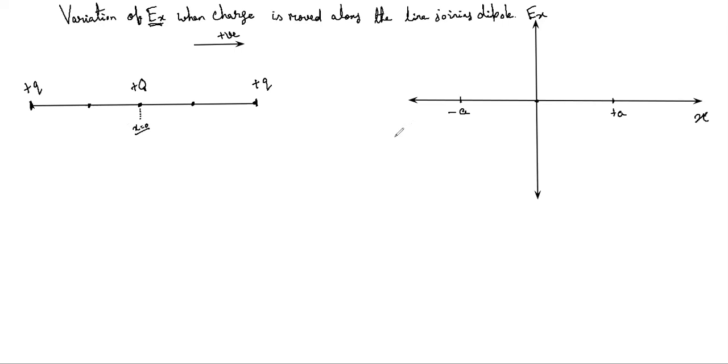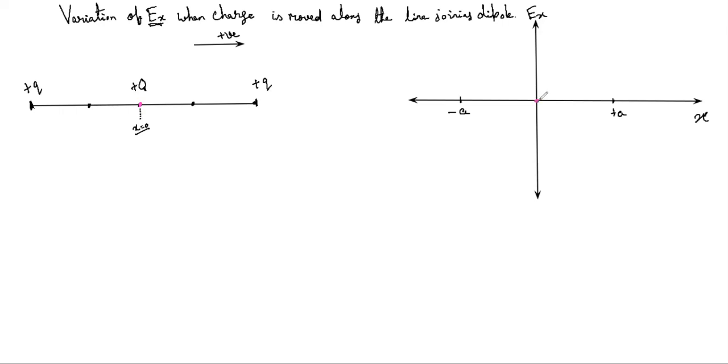Now, at this midpoint, where this charge is placed, what is the value of electric field? कोई बता सकते हैं? Electric field का value कितना होगा? Midpoint. Due to this plus q, the electric field will be towards the right, and due to this plus q, the electric field will be towards the left. Because the distance is the same from both charges, the net electric field will be 0.